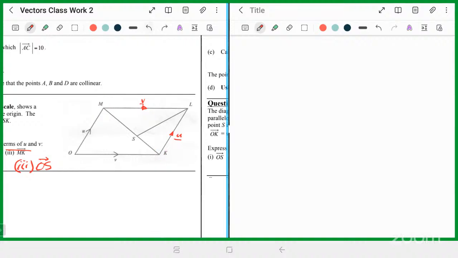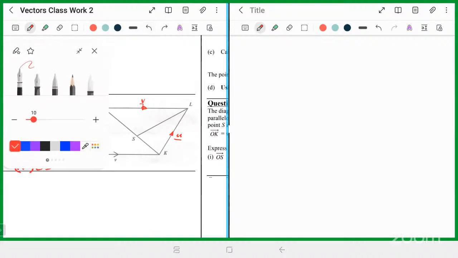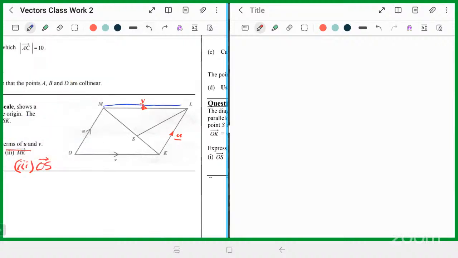So looking at this diagram, going from M to K, I can start at M and go across to L first using this vector. And then I can come down to K using the negative of that vector, the minus of that vector. Why is it minus? Because I'm going in the opposite direction to that. And so I can see it as this would be a V, and then coming down this way, that would be a minus U.